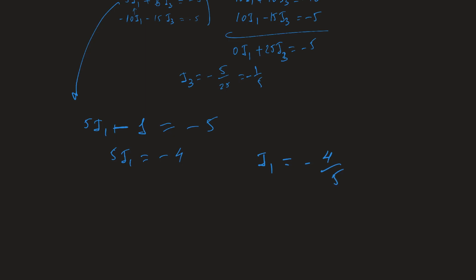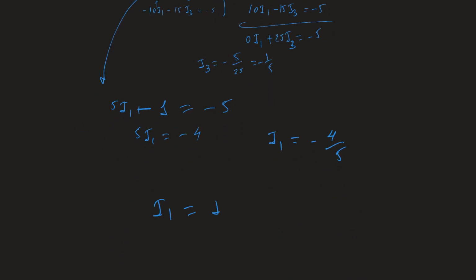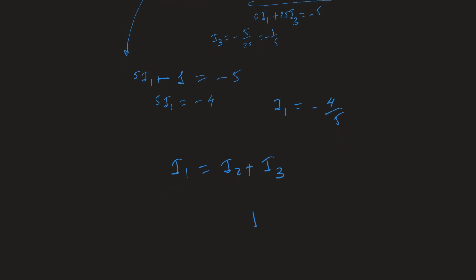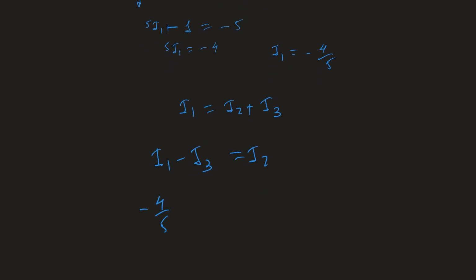The relation I have is that I1 equals I2 plus I3, so I2 is I1 minus I3. I1 is minus 4/5 and I3 is minus 1/5, so I2 is minus 4/5 plus 1/5, which is minus 3/5. So I have all the currents.